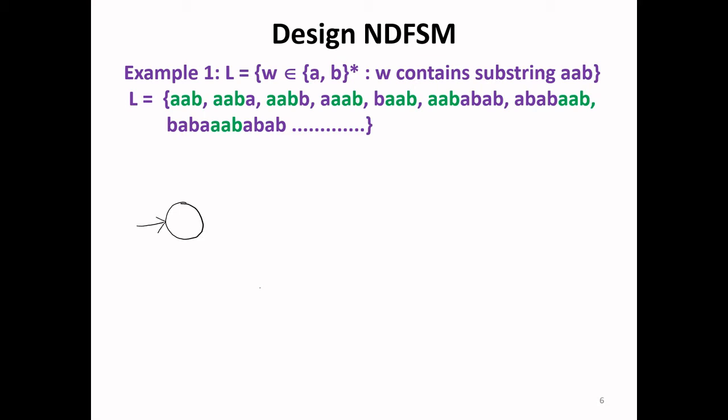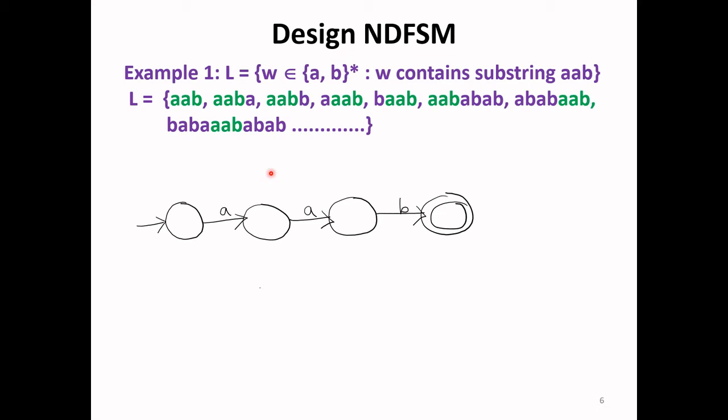Initial state, having A, A, B, reaching a final state. So, this is our first string, A, A, B reaching the final state.